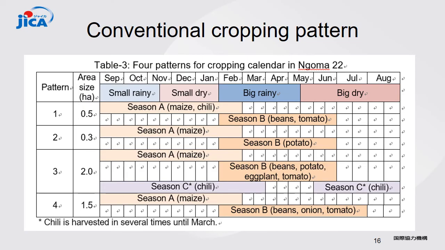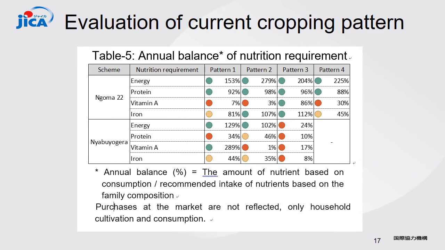This is an example of conventional cropping pattern in Rwanda irrigation scheme. By applying the tool, we can understand there is a problem in vitamin A supply in cropping pattern 1, 2, and 4.